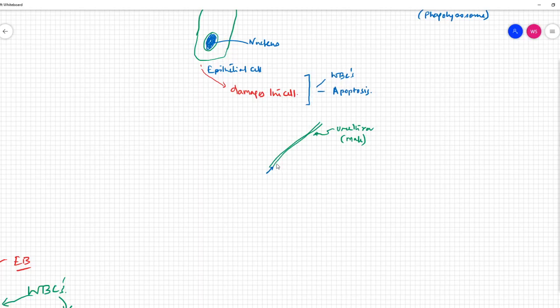So what happens is these cells are also, some of the organisms would be killed also. So all these things will accumulate within the urethra. We have got all these WBCs, the dead cells, apoptotic bodies, all those things are there.